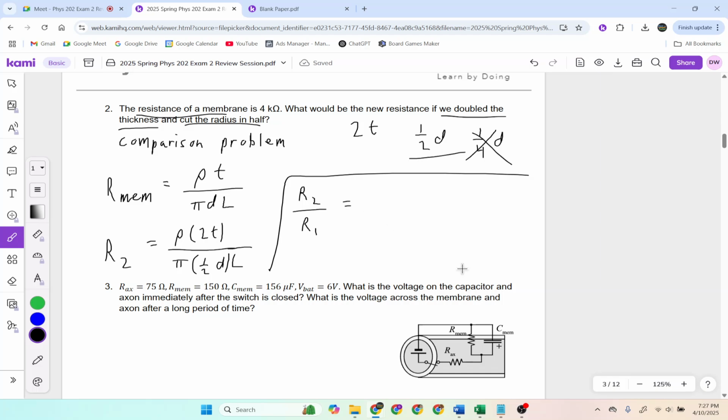In other words, the new over the original. This is going to be a complex fraction, so I'll try and do my best to show this, but it's going to be rho 2t over pi 1/2 dl, big fraction bar, divided by rho t over pi dl.